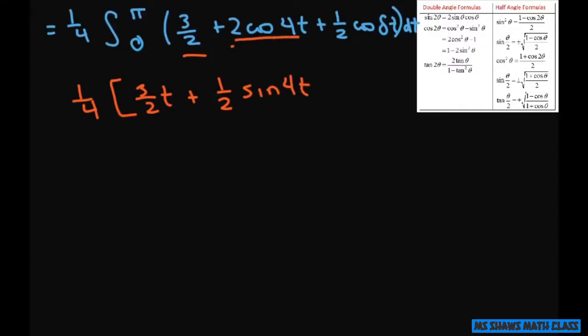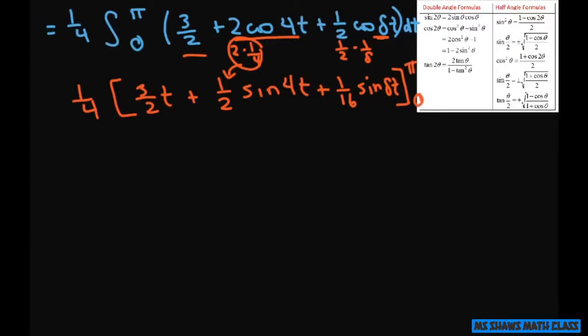So this is going to be 2 times 1/4, and you get your 1/2. Plus, same thing here, it's going to be 1/2 times 1/8. So that's going to be 1 divided by 16 sine of 8t. And then we're going from 0 to pi.